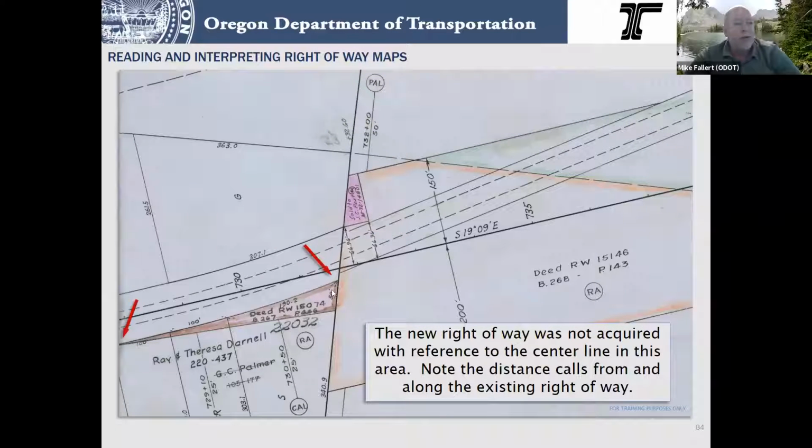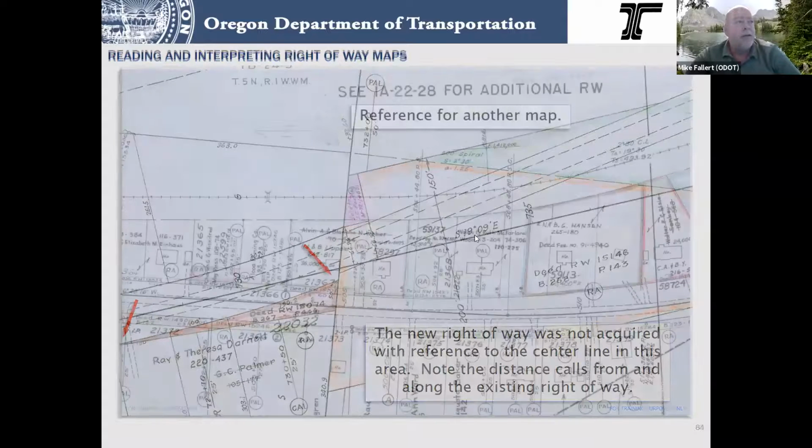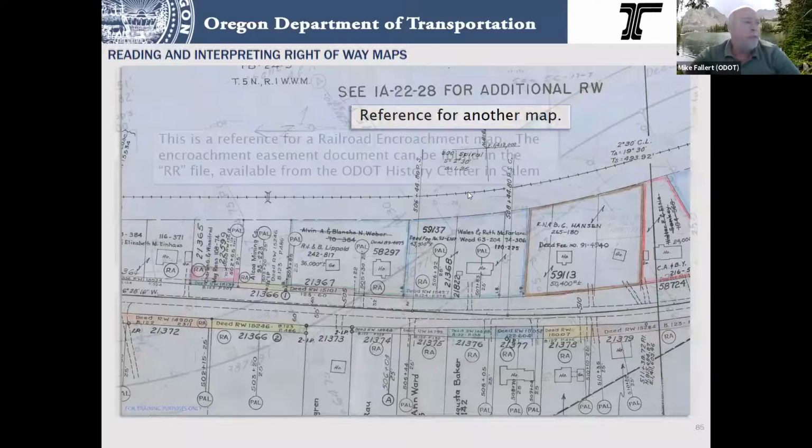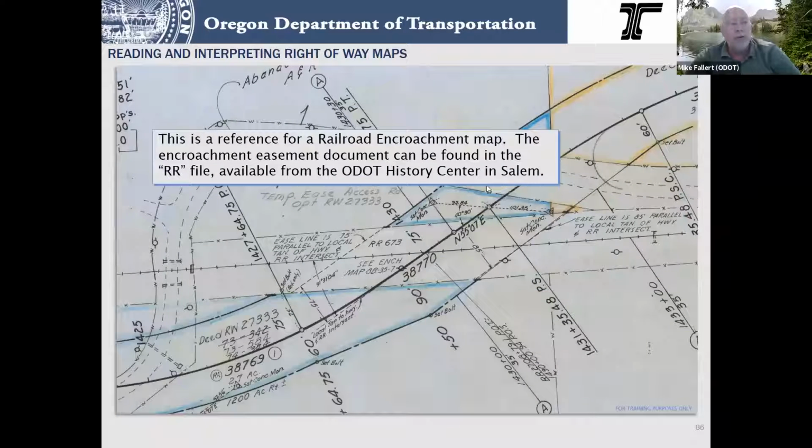And then new reference stuff that's added in later. Look at how stuff fits. There's a lot of information sometimes, and sometimes there's not enough. Here's a note to a newer map. Railroad encroachment maps will have railroad files. See this map here for the railroad encroachments.